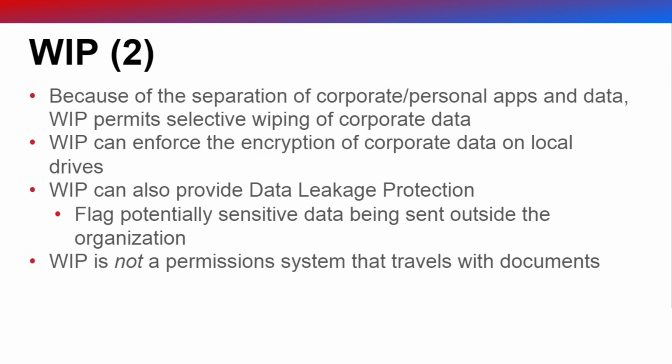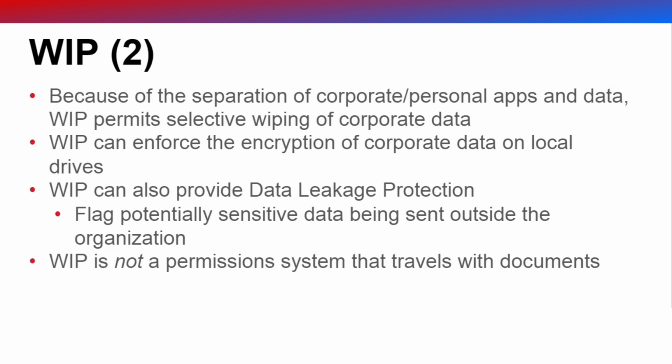encryption. And in response to the question that came up a few minutes ago in the chat room, the Q&A widget, data leakage protection, DLP. WIP can help with that. DLP is kind of a broad term, but one of the things it does is allow me to say that certain information is sensitive: credit card numbers, social security numbers, PII, personally identifiable information.